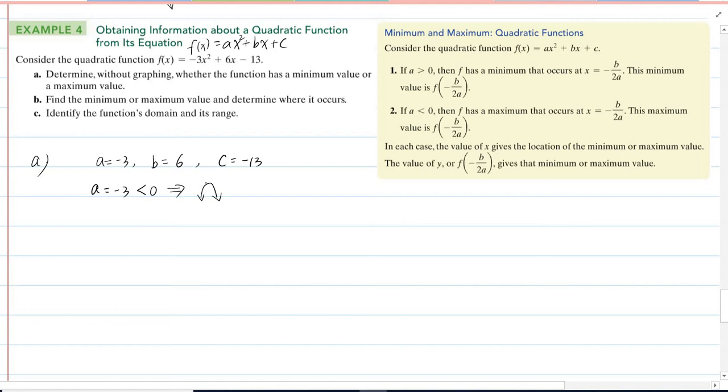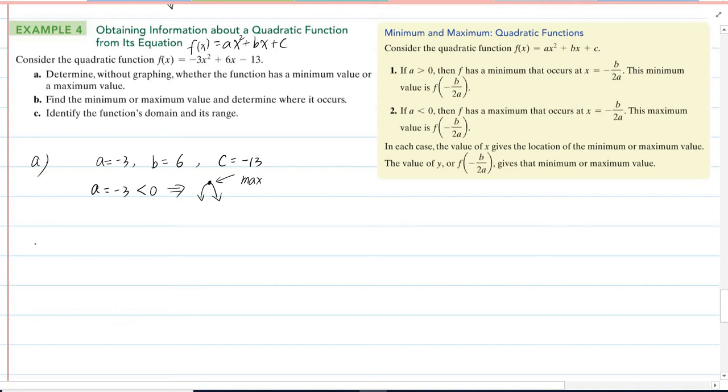When we have a downward parabola, you should automatically think that the vertex must be the maximum. So that is the first question: we have a maximum value.